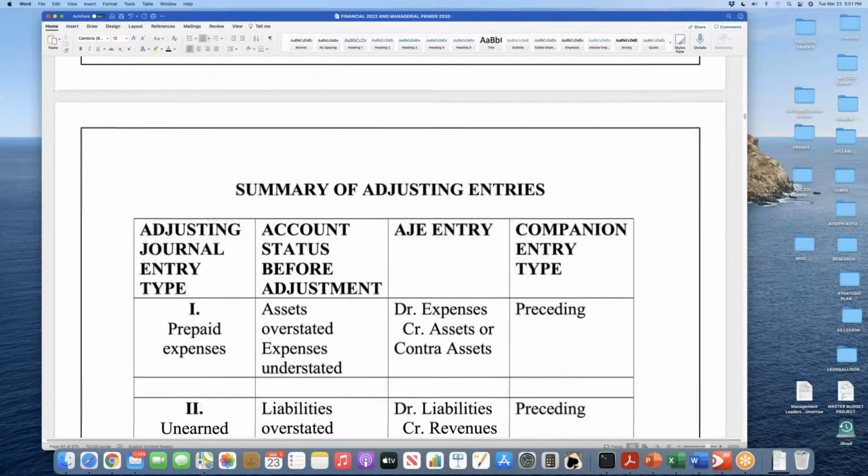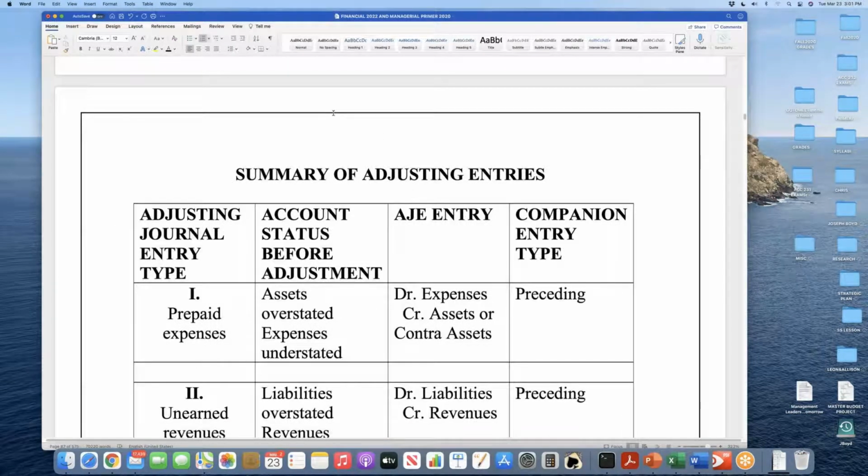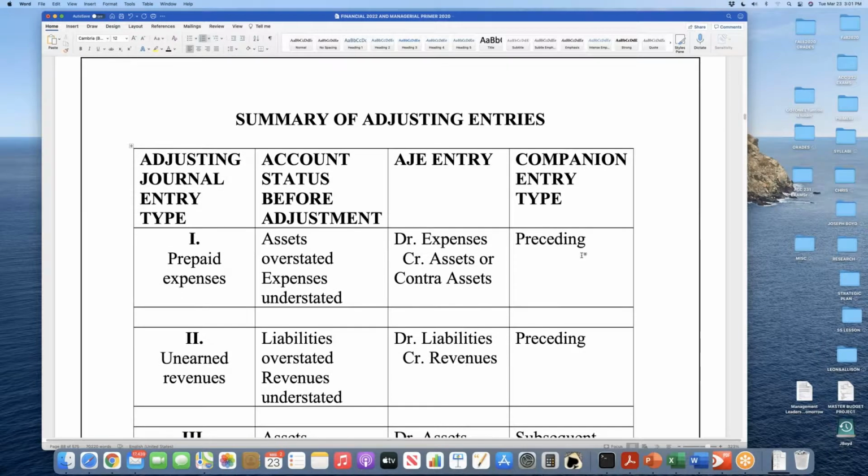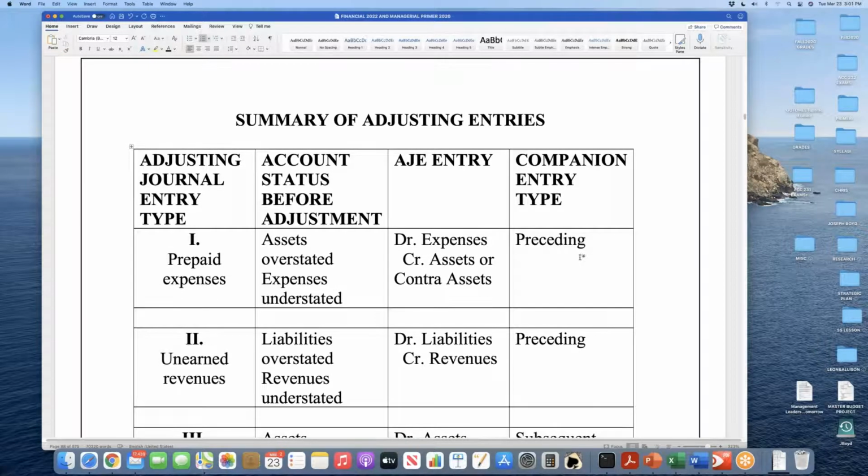The next one we're going to look at is prepaid expenses. With prepaid expenses, you pay the expense in advance. So on unearned revenue, we got the cash in advance. On prepaid expenses, we pay for the item in advance.